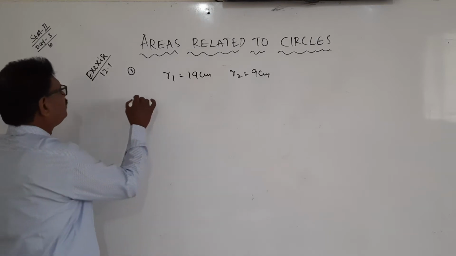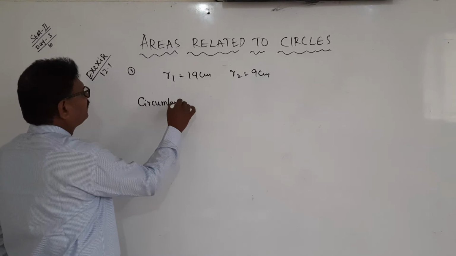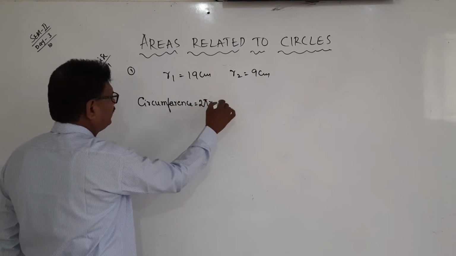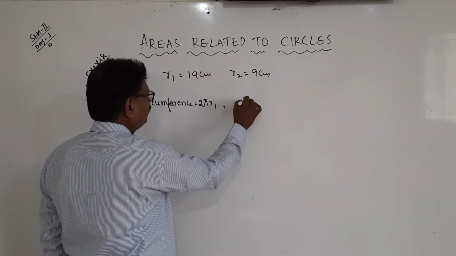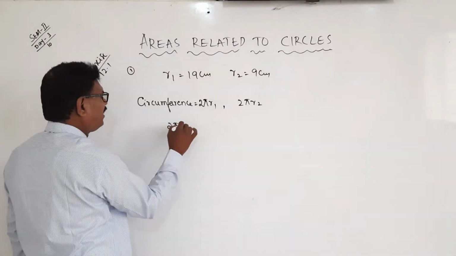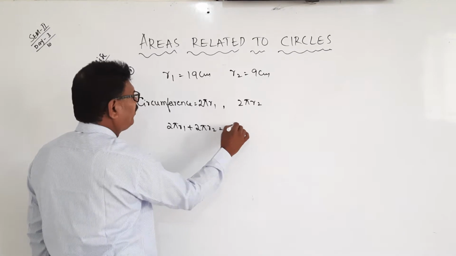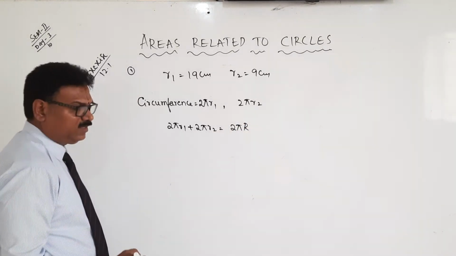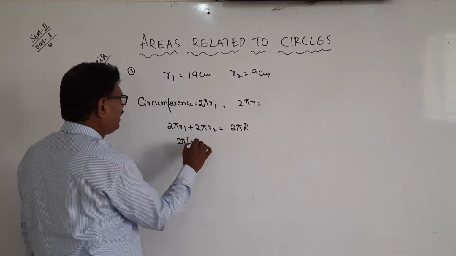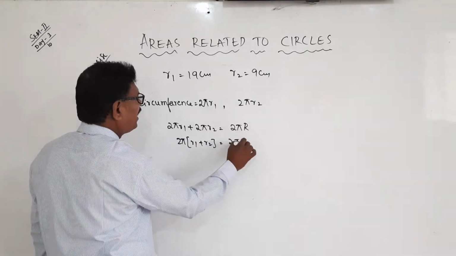So very simple. Circumference is equal to, first one is 2 pi r1 and second one is 2 pi r2. Now we have to find 2 pi r1 plus 2 pi r2 equal to 2 pi r. Take 2 pi common: 2 pi (r1 plus r2) equal to 2 pi r.